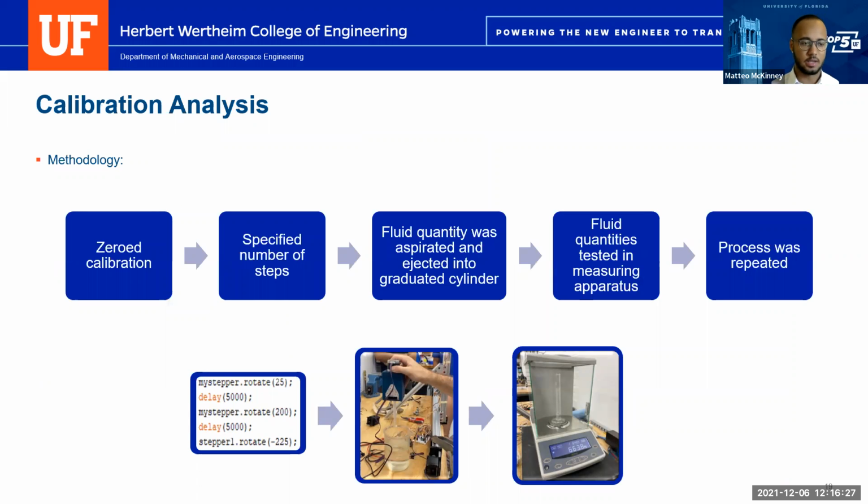Now, as far as the calibration of our design, we went through multiple steps. Of course, we began by zeroing whatever we were using to hold the liquid volume, and then we went ahead and adjusted the Arduino code shown on the bottom left.